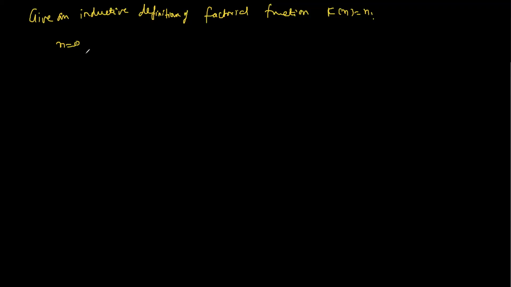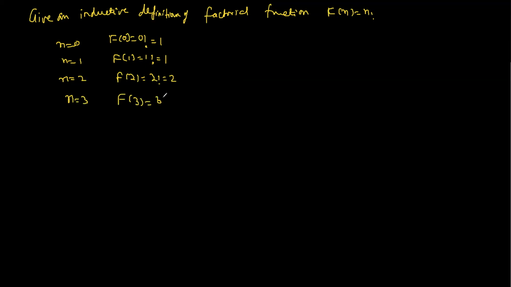And you know, factorial starts from 0 factorial, 1 factorial, and so on, right? 0 factorial, that is 1. 1 factorial, that is 1. 2 into 1, that is 2, right? 6, right? This is called an inductive function.